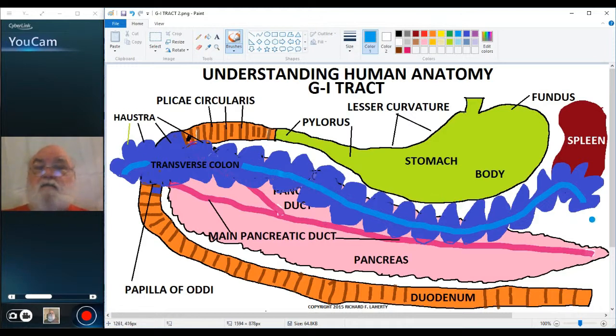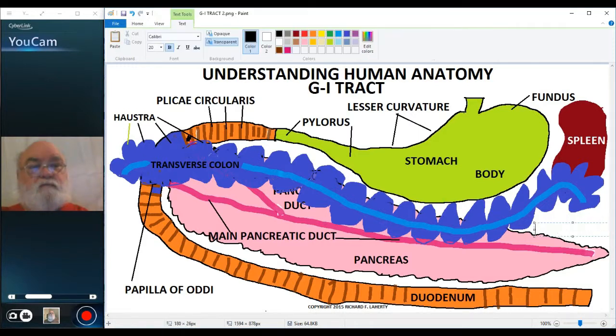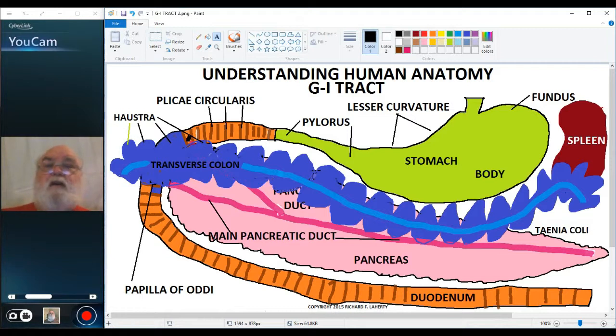So let me add a label for that. And whenever you're looking at the large intestine, you're only going to see the taenia on the side that's facing you.